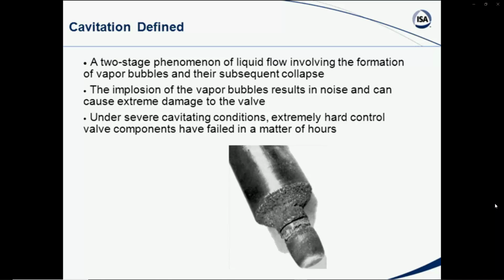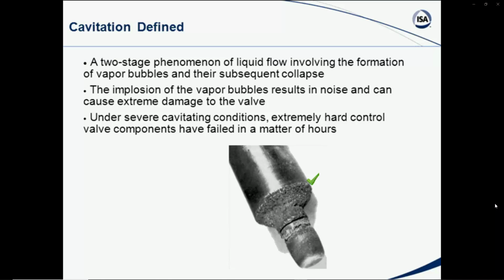And you can see this time-honored picture here of the damage from the implosions of all of these bubbles. The vapor bubbles that form, then they collapse, makes a lot of noise. It sounds a lot like gravel rolling down the pipeline, but it's eating away and doing damage to the mechanical characteristics of your particular metals in your trim and your valve body.